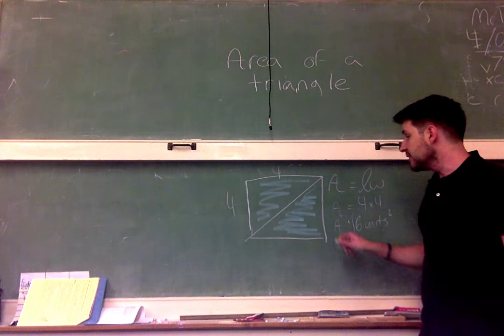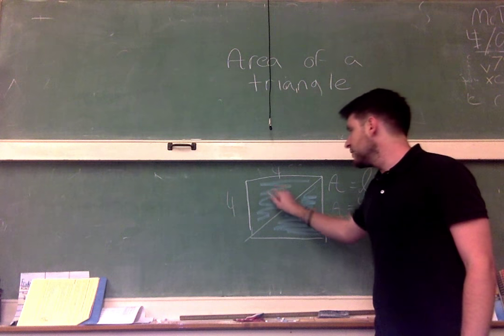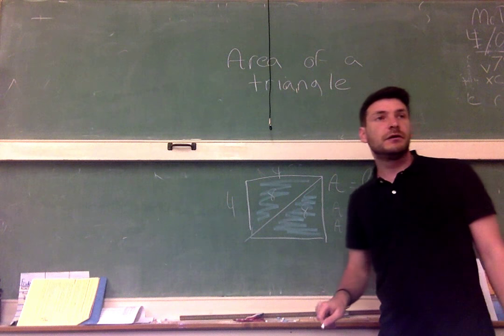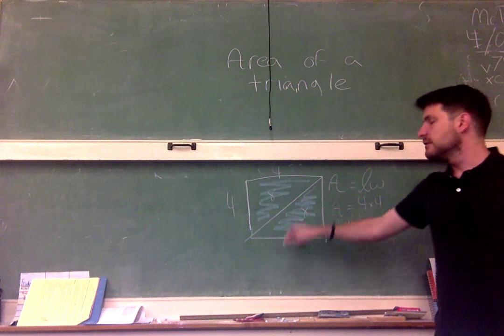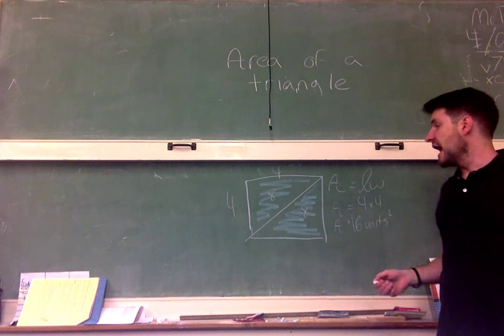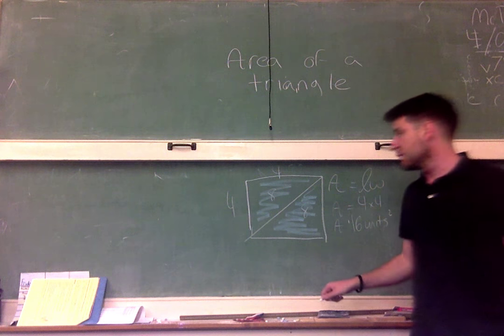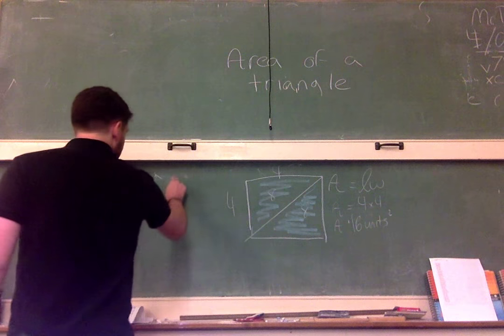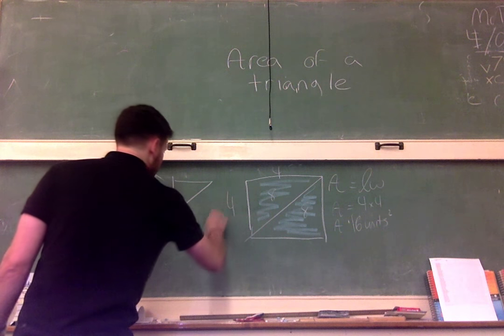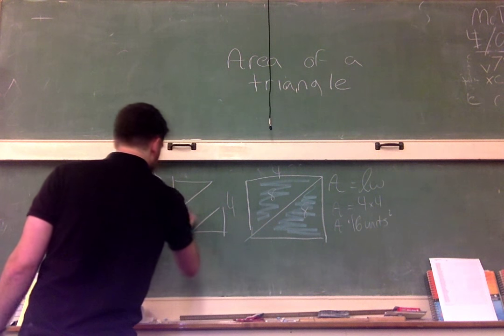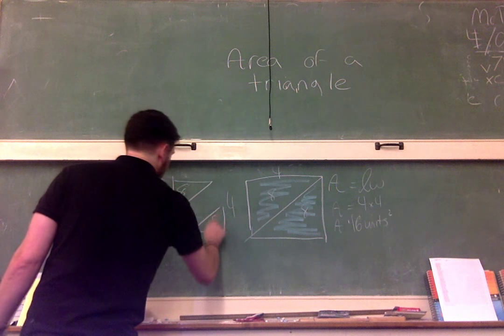Exactly right. 8. So each one of these would have an area of 8 because I've divided my square in half. And so each one of these triangles, this one right here and this one right here, have an area of 8.